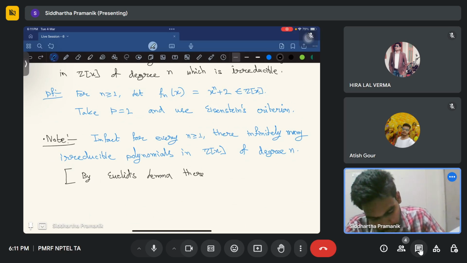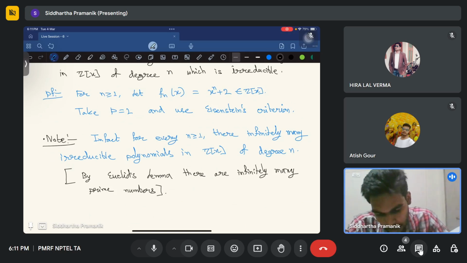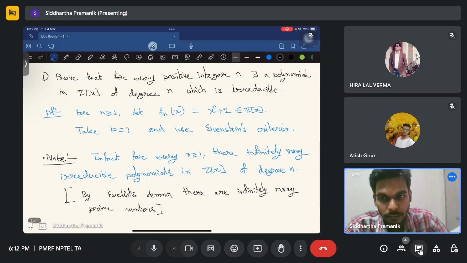So that is the hint. So using this, you can construct infinitely many irreducible polynomials which have degree n. You just need to take x to the power n plus p, and you can vary p infinitely many times. So is it okay?